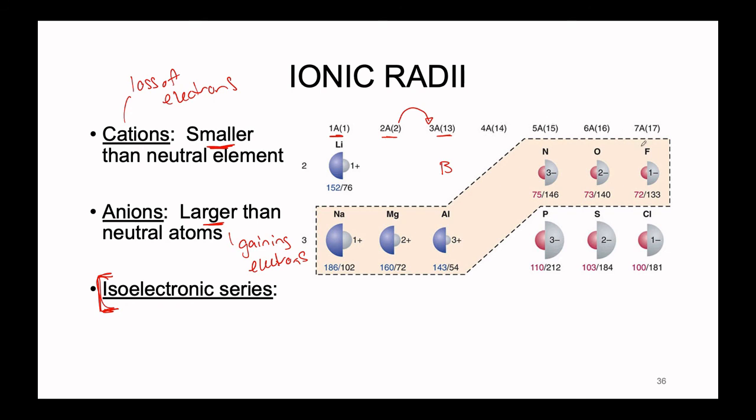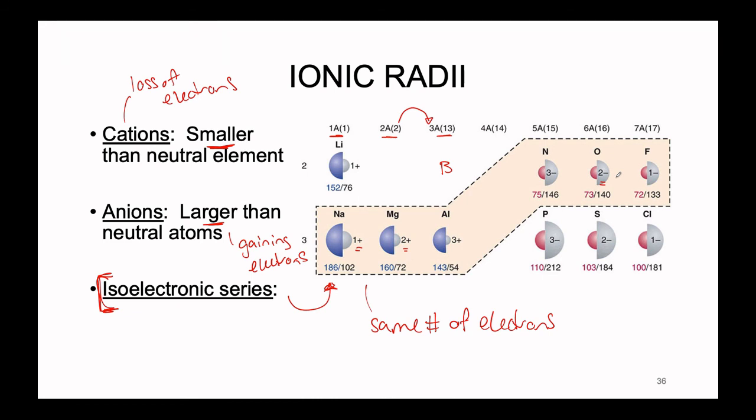4A/14, 5A/15, etc. Inside of this box, with the peachish background, we have labeled an isoelectronic series. Each of these ionic species inside is going to have the same number of electrons. Whether we're looking at sodium with a +1 charge, meaning that it now has 10 electrons, or magnesium with a 2+ charge, meaning that it has 10 electrons, all the way up to oxygen with a 2- charge, meaning that it has 10 electrons.